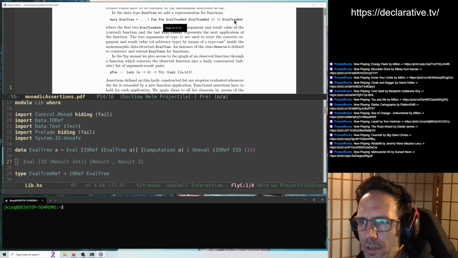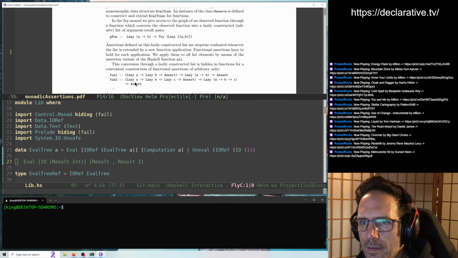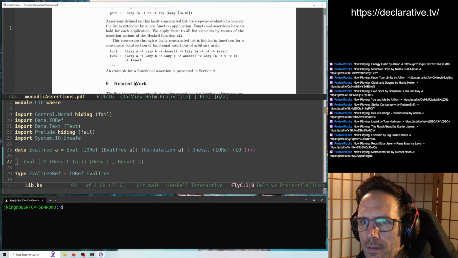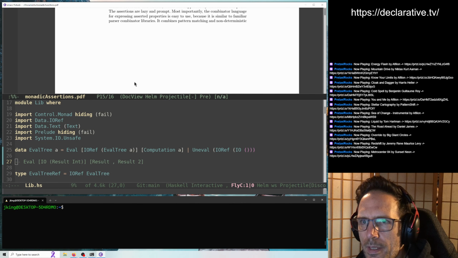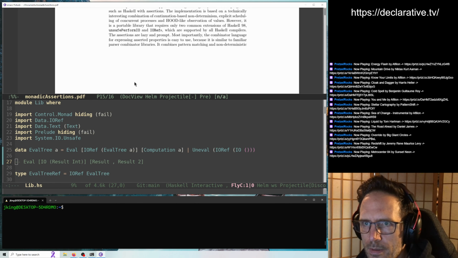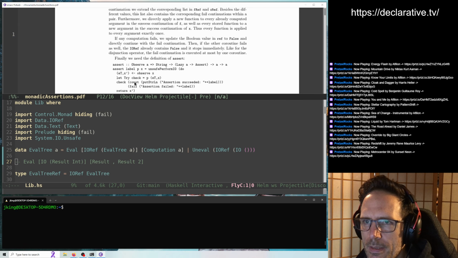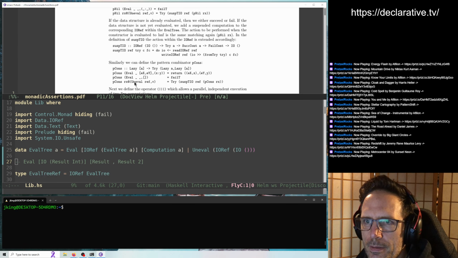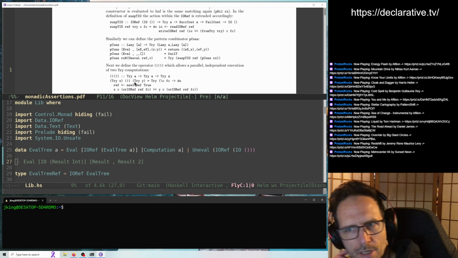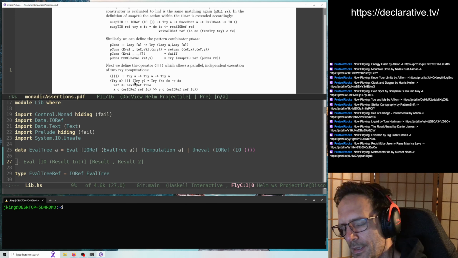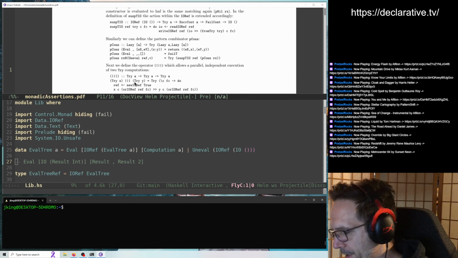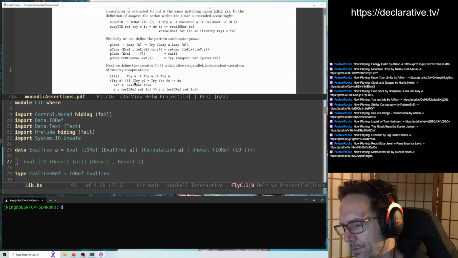Extending it for functions. Okay. Yeah, I think we're out of luck on this one. Paper isn't going to help us. I saw where it was evaluating and consing together the evaluations, but not the resulting computations.